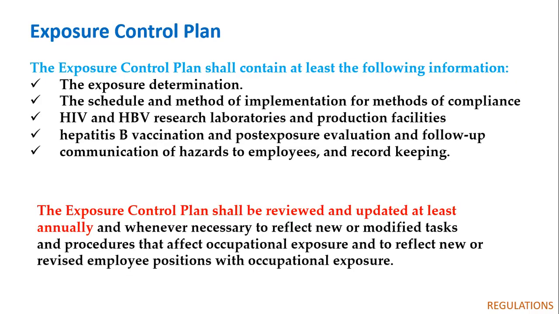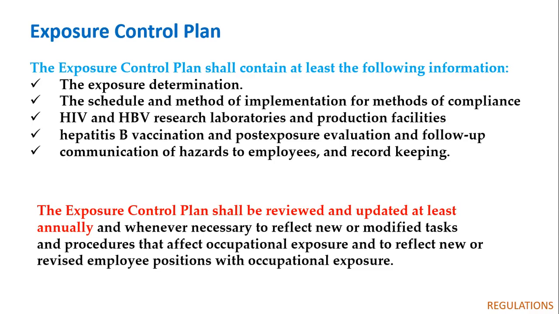What shall the exposure control plan contain? It should contain the exposure determination, that is how to determine the exposure, then the schedule and method of implementation for methods of compliance, then HIV and HBV research laboratories and production facilities, then hepatitis B vaccination and post-exposure evaluation and follow-up, then communication of hazards to employees and record keeping.